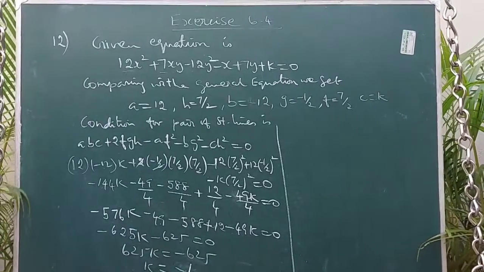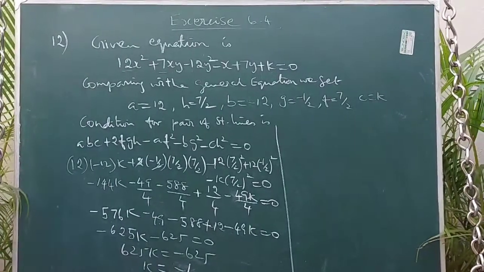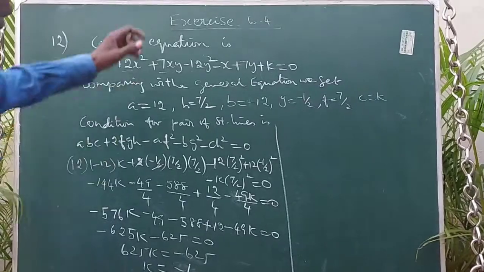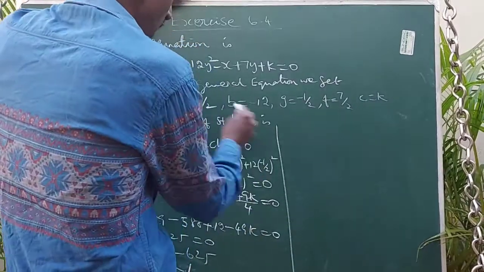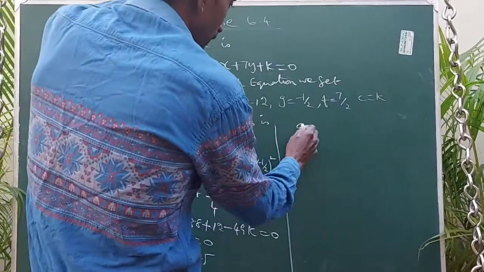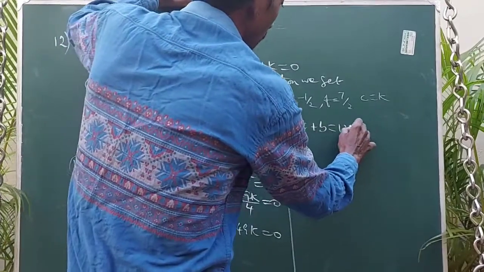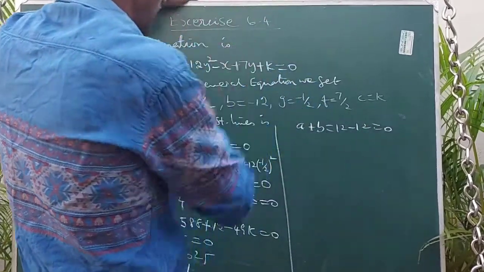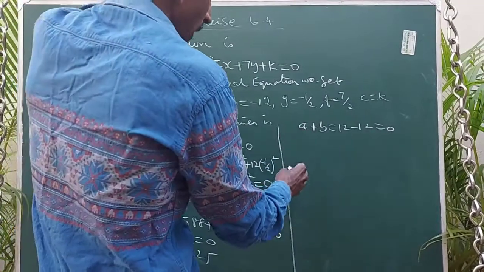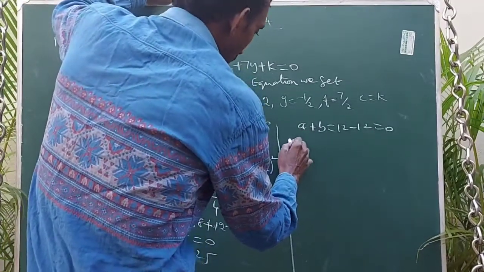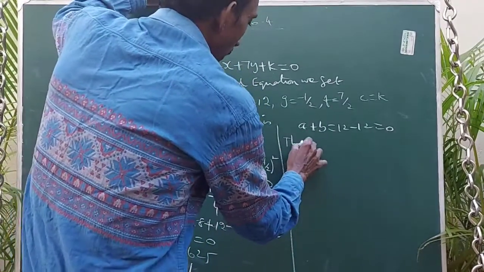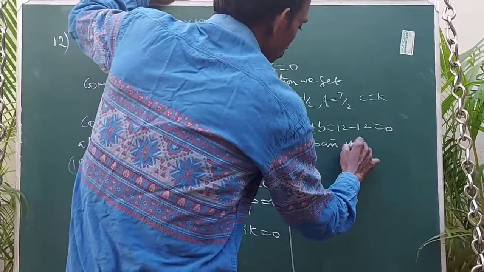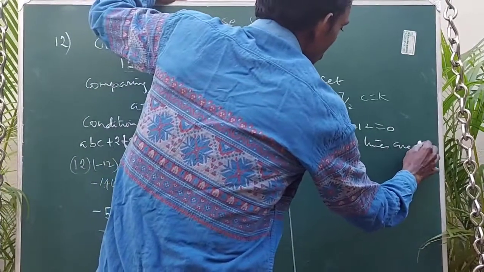Here they are asking us to find out whether they are parallel or intersecting. Parallel means h² − ab = 0. So here a + b equal to 12 − 12 equal to 0, so they are representing perpendicular lines. The pair of lines are perpendicular.